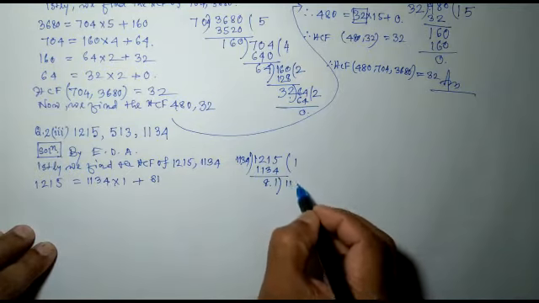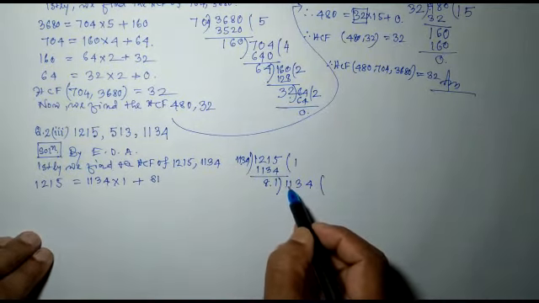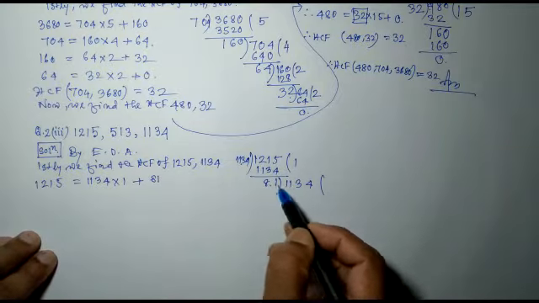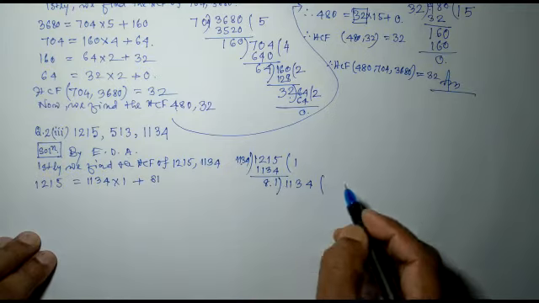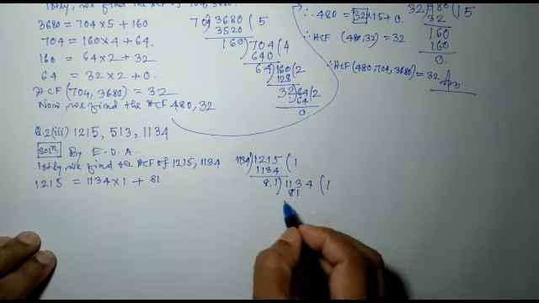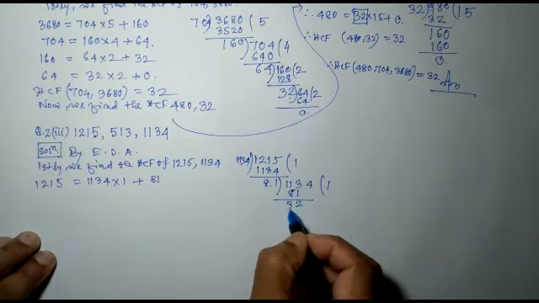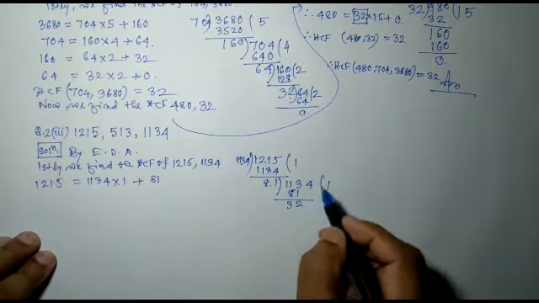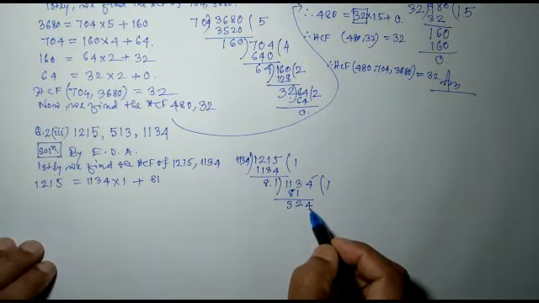Take this 1134, so this 11 is smaller than 81, so we have to take 113. 113 is bigger than 81, it will go one time, so it is 1 into 81, it is 81. Subtracting here is 2, subtracting here is 3, so 32 and bring this 4 here, so it is 324.